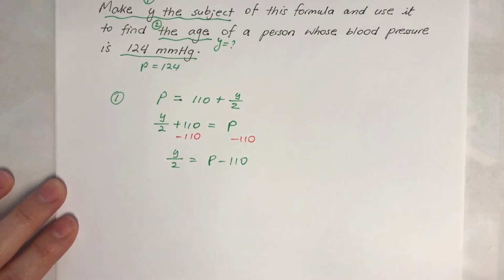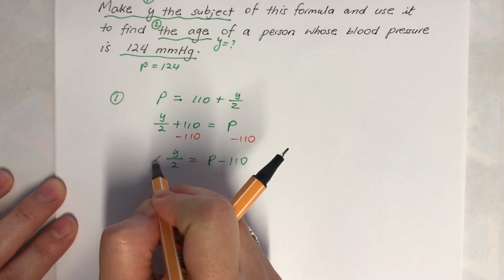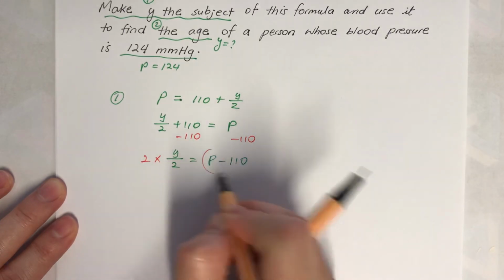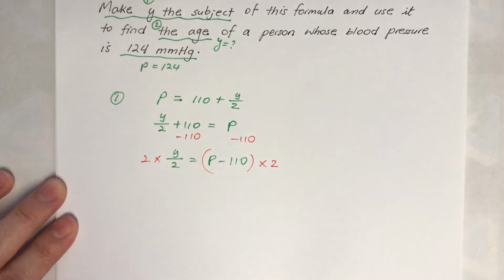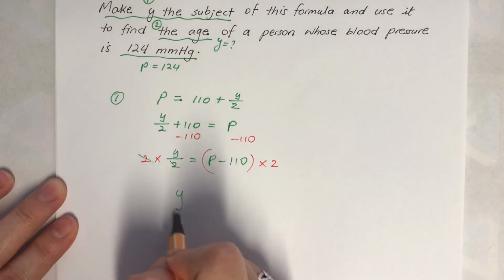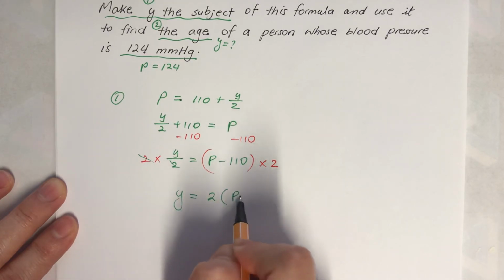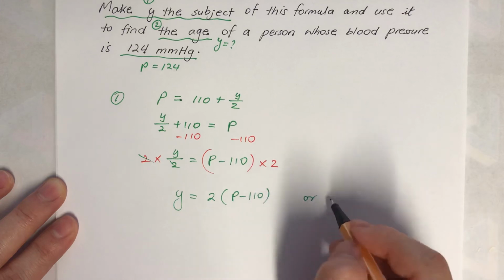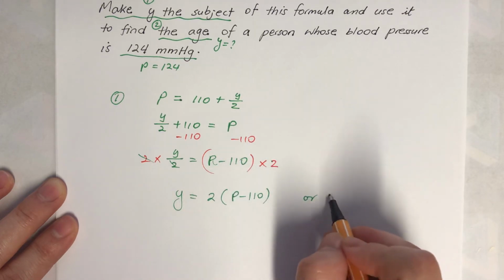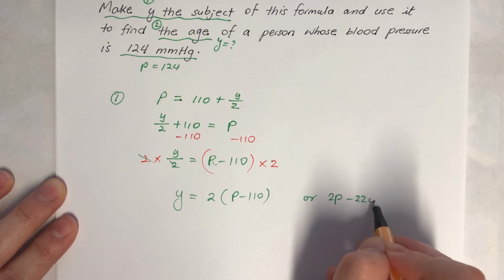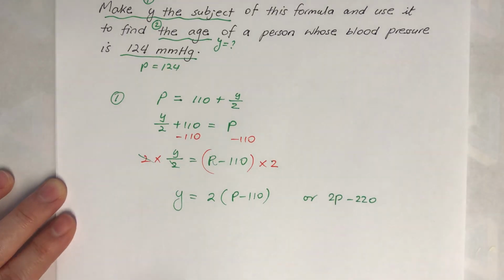Okay, and then I'm going to times by 2, and I'm going to put a bracket around it, so that way you cancel that. Y equals 2 brackets P minus 110. Or you can do timesing it on both, so it'll be 2P minus 220. Doesn't really matter which way you do it. So I've got that Y formula.